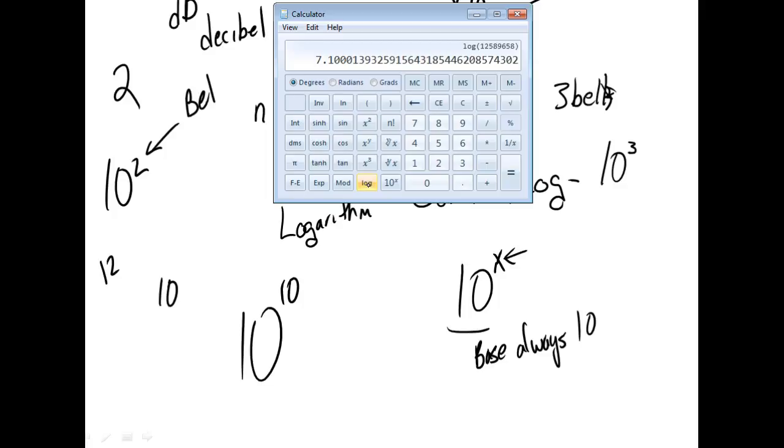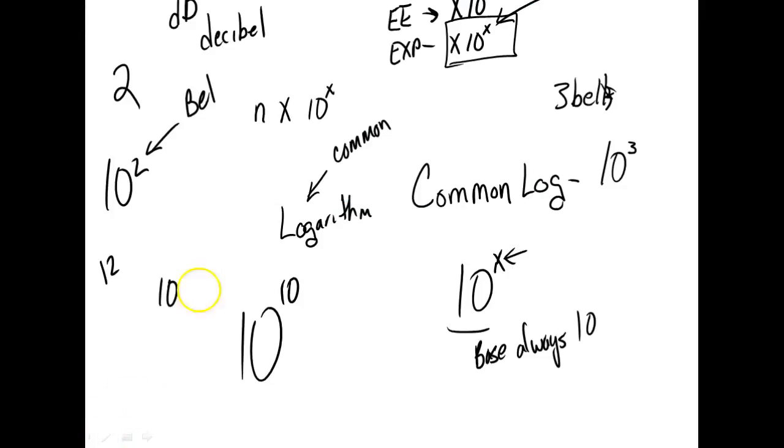But we used 7.1 for our bels. Well, to aid in rounding, I'm going to convert this to something we call dB. Now, what we do for dB is we take the bels and multiply by 10. So 7.1 bels would be 71 dB. And that's why it's called a decibel.